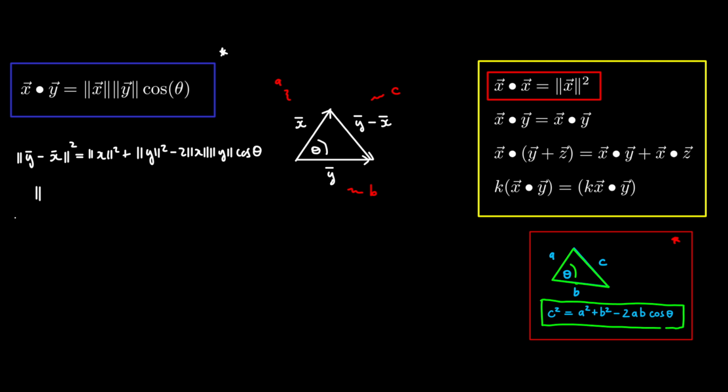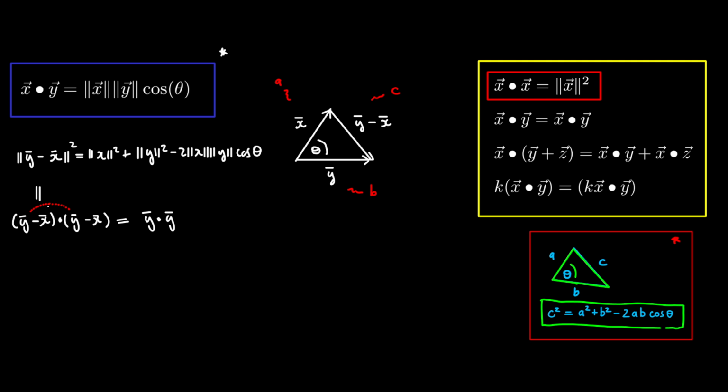So here we'll just get that y minus x dot y minus x is equal to the magnitude of this vector squared. And then I said earlier that the dot product behaves much like multiplication. So that's a helpful way to think about what's going to happen next, because how do we multiply two brackets? Well, we consider this cross term. So here we would get y dot y.